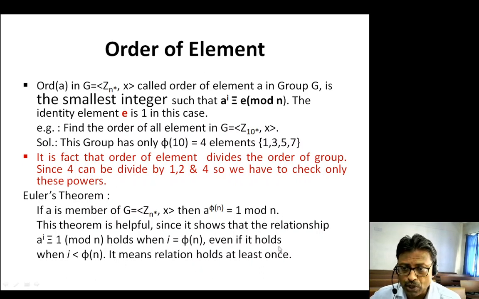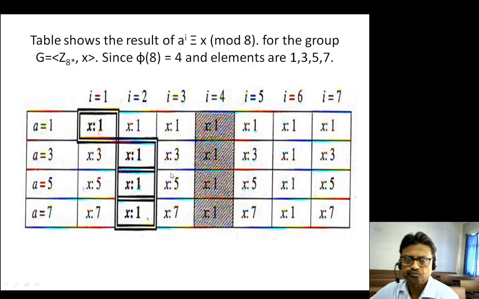It is also possible that it holds for some i less than phi n, but at least once there will be a relation showing a to the power phi n is equal to 1 mod n, so phi n can be the order of the element. If there are certain values less than phi n for which we also get 1 mod n, then that smaller integer will be called the order of the element.